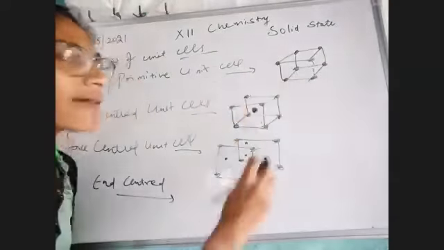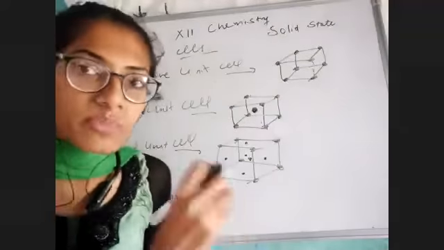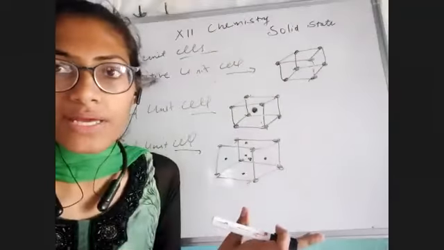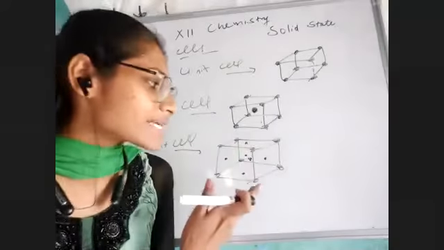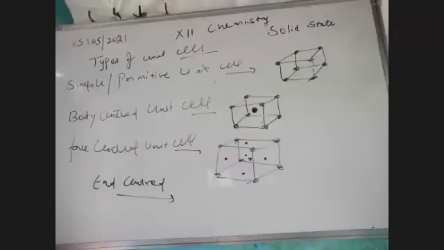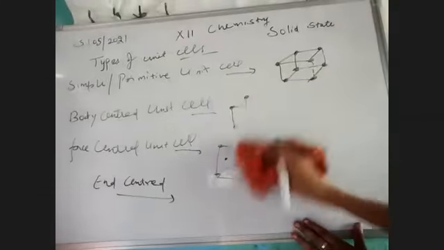That is, we're having atoms present only at the corner rather than the center of the face or the center of our body. Okay, so let's start. I hope this topic has made sense to you. Now move to our next topic, the 7 different types of unit cells.